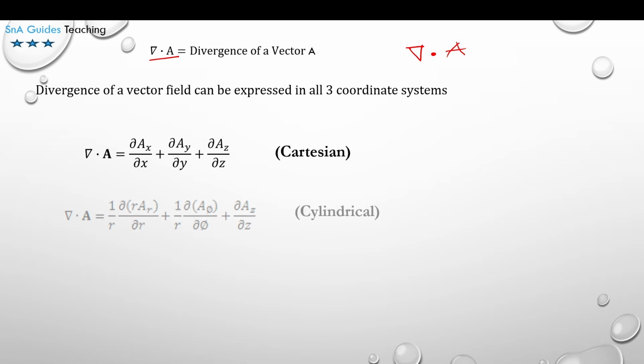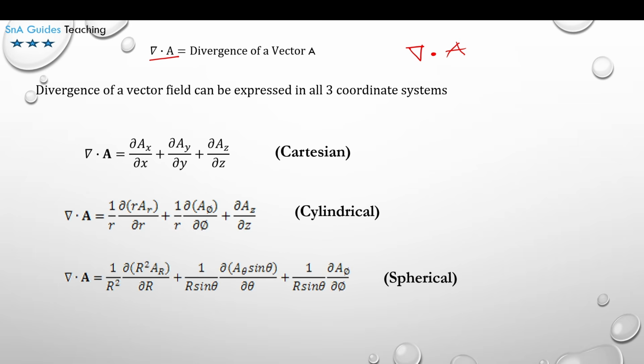The divergence of a vector A is written like this, right? Divergence of a vector A. So the divergence of a vector field can be expressed in three coordinate systems. You have the Cartesian, the cylindrical, and the spherical.